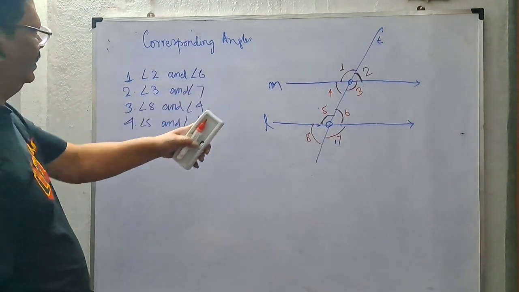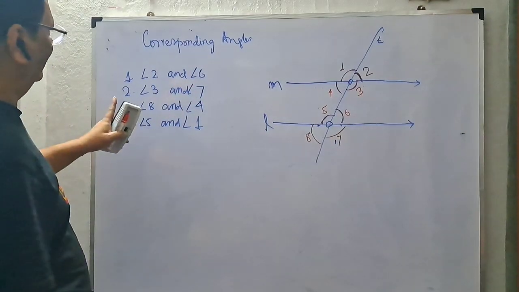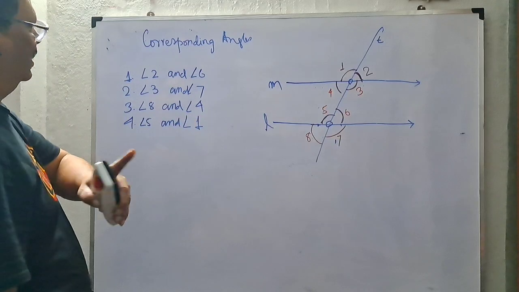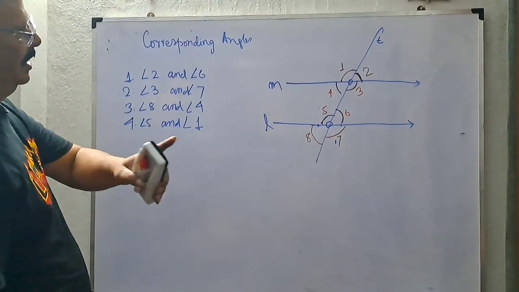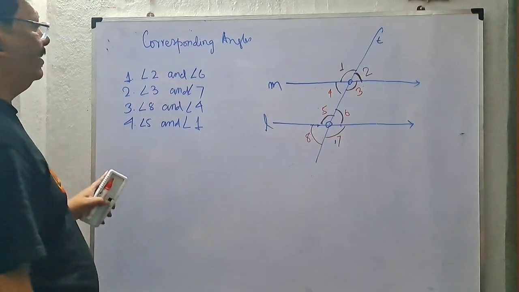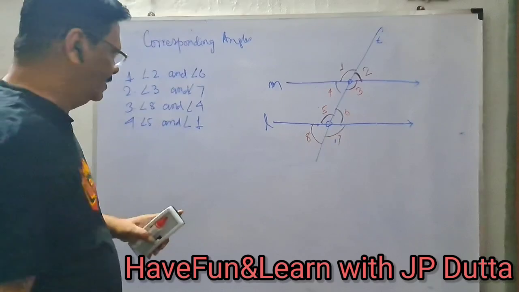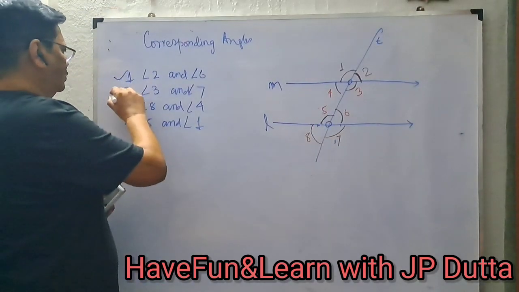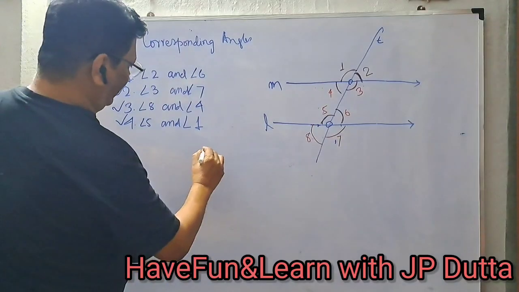So look at the figure, angle 2 and 6, one corresponding pair, angle 3 and 7, another, angle 8 and 4, another, and 5 and 1 are the last pair of corresponding angles. So we have got 1, 2, 3, 4 pairs of corresponding angles.